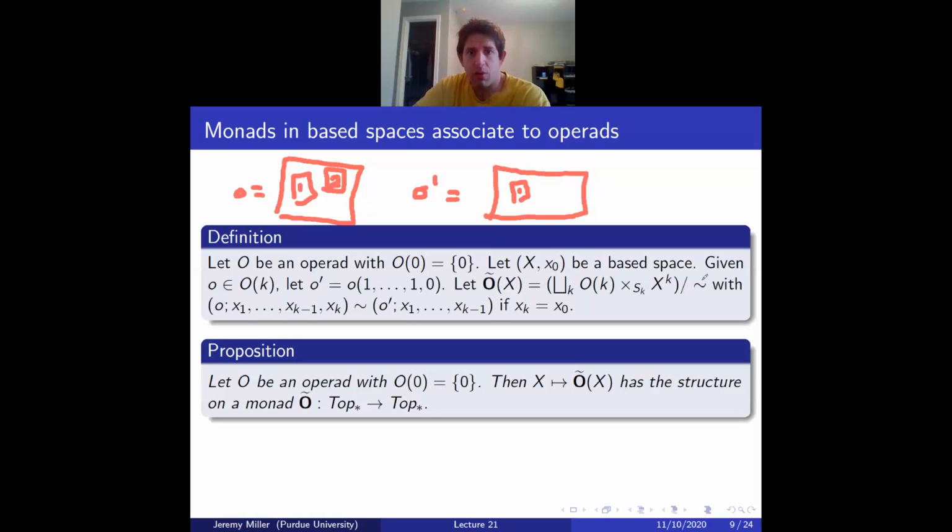It's the quotient of the usual free O algebra by this relation that if one of the points in X to the k is labeled by the base point, you plug in 0 into the operad there. This reduced monad will have the structure of a monad in based spaces. So O is an operad in spaces, but it still gives us a monad in based spaces.